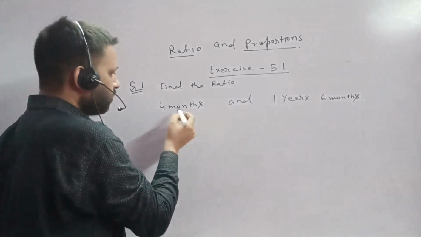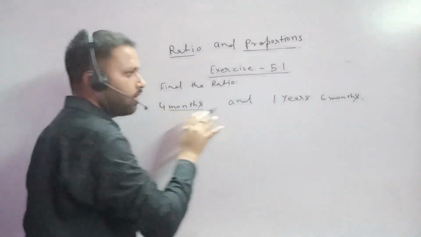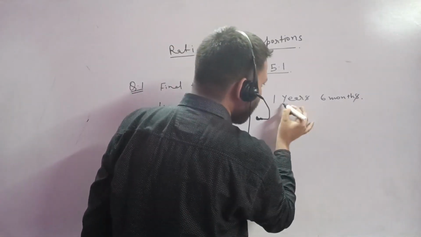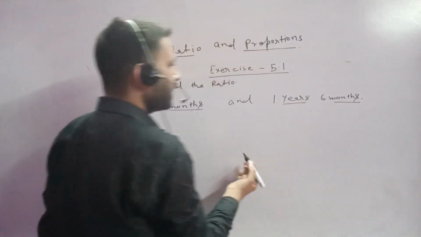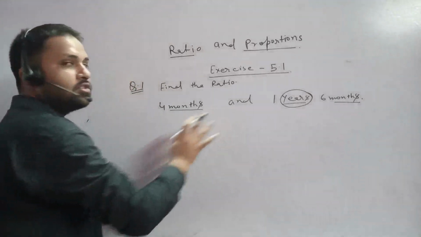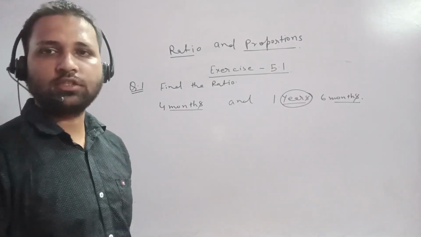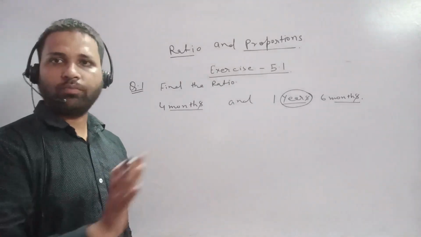But here it is written as 4 months, and here as 1 year 6 months. It is not the same unit of months, so we are going to convert years into months.